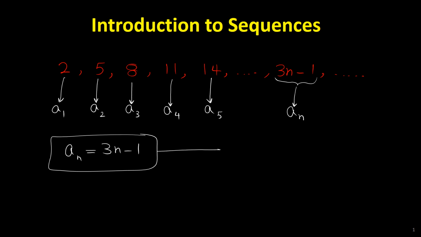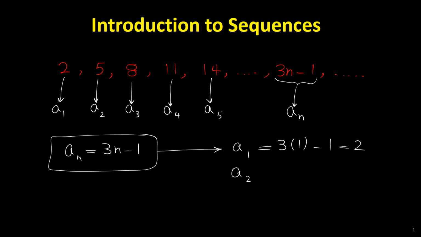For example, for finding the first term, we have to plug in 1 for n in this formula. So the first term is 3 times 1 minus 1. 3 times 1 is 3, 3 minus 1 is 2. So the first term of this sequence is 2, which it is.